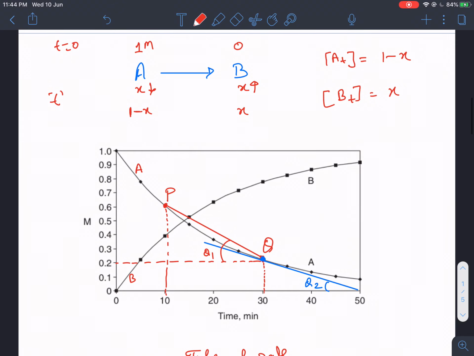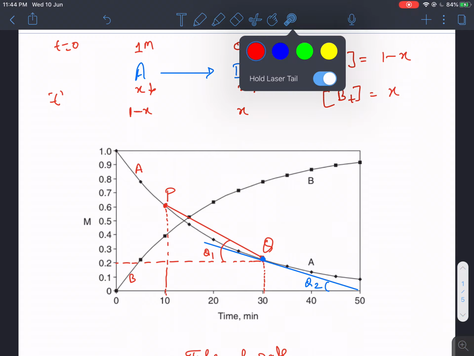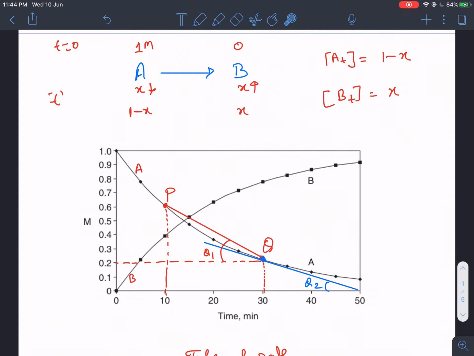Now if you talk about the variation of the concentration of A with time, we can plot roughly a graph like this, that with time A will continuously decrease and with time B will continuously increase.